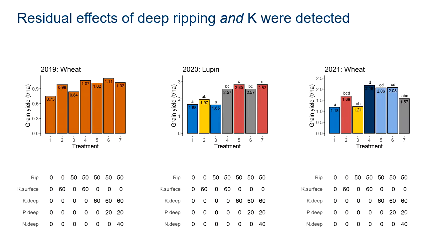So that's treatment 2 compared to 1. No residual effect of deep ripping on its own, but again, about a ton response to the combination of deep ripping and K. So really importantly, on a really deep, very grey sand, we were able to detect meaningful residual effects out into the third year of deep ripping and K.